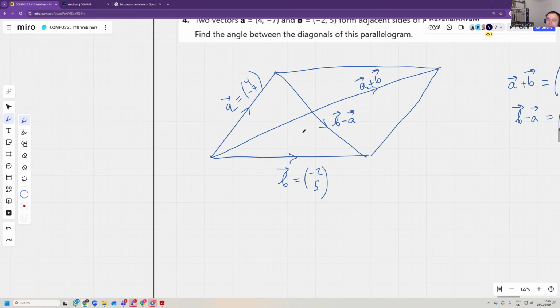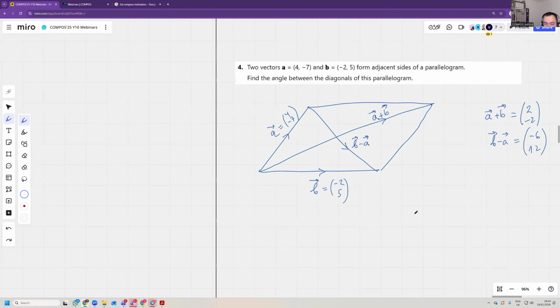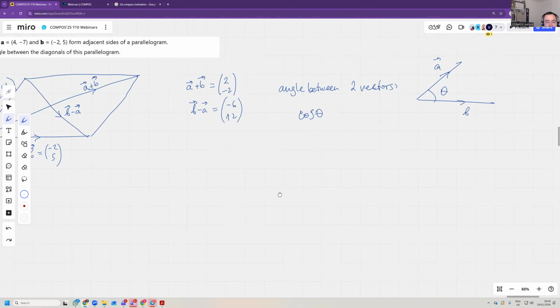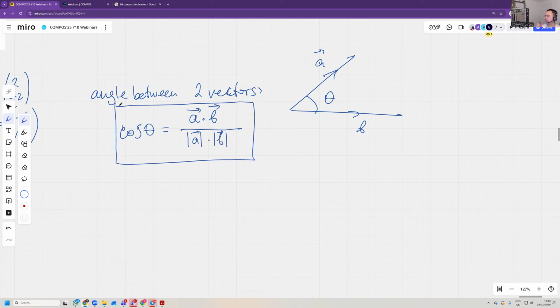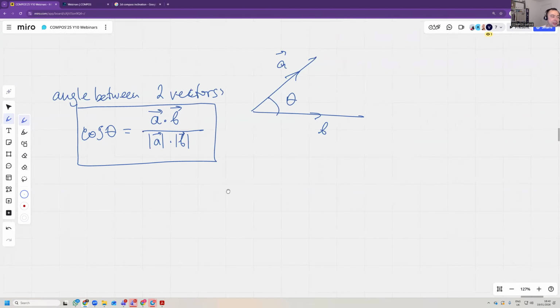The cosine of the angle between two vectors is equal to the scalar product of the two vectors divided by the modulus of A times the modulus of B, so the product of the lengths of the vectors.